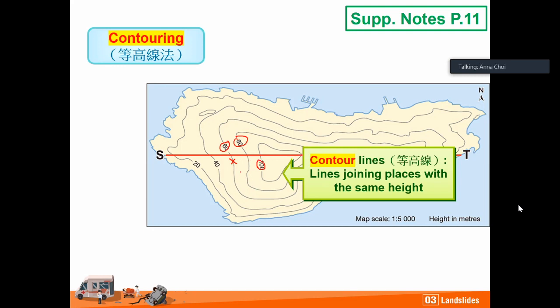But I would like to ask, if I am located in the center part between 60 and 80, what is the height where I am located right now? Right now I'm located somewhere here, in the center between 60 and 80.